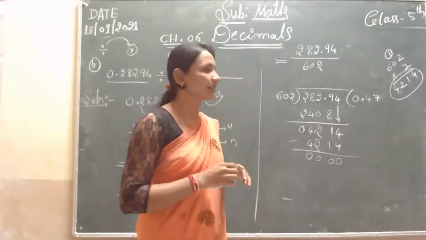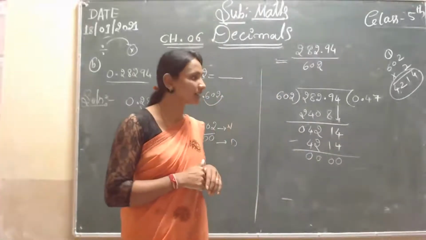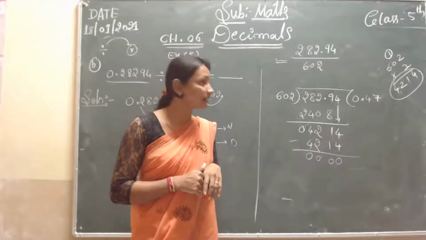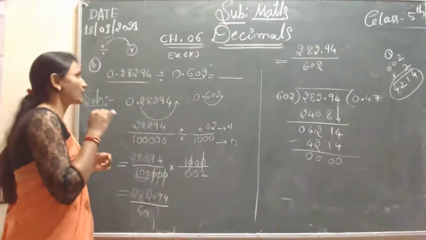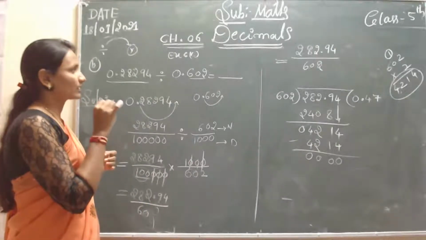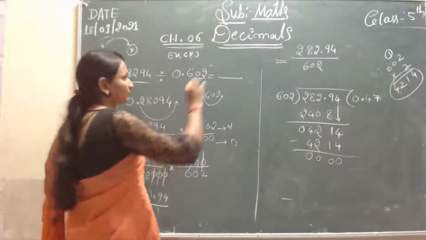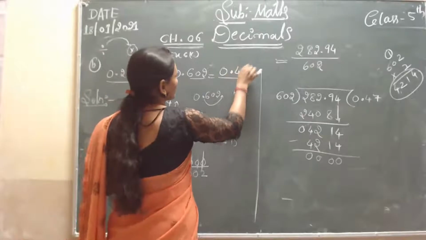Yes, the remainder is 0, so what is the answer for this example? 0.28294 divided by 0.62, we will get the result 0.47.